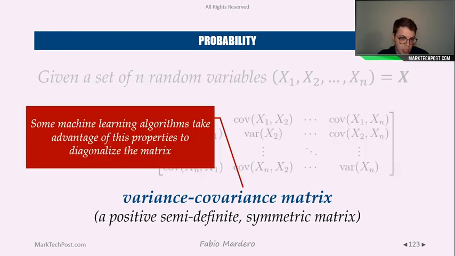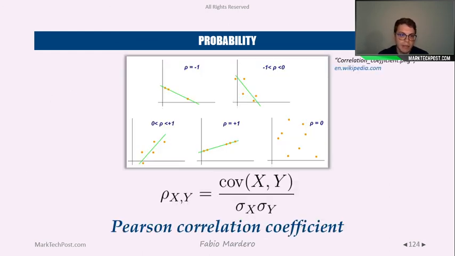Some machine learning algorithms take advantage of these properties to diagonalize this matrix, simplifying it to catch even more properties that can be confused in such a mess, an overload of information, that is the covariance matrix.